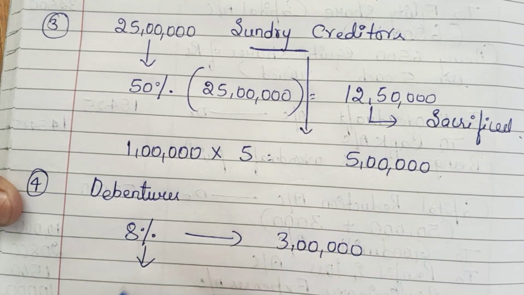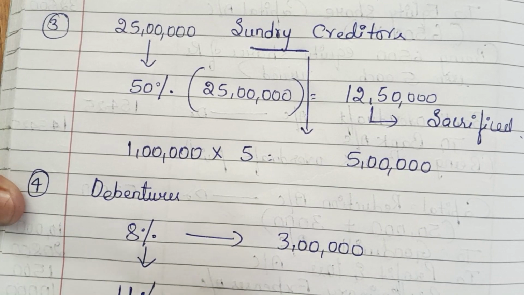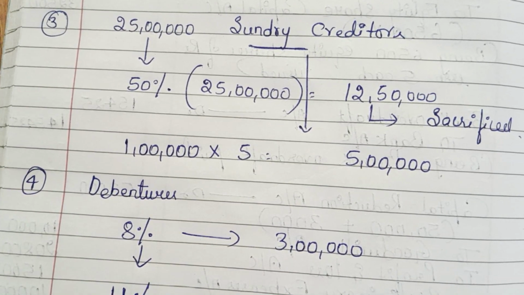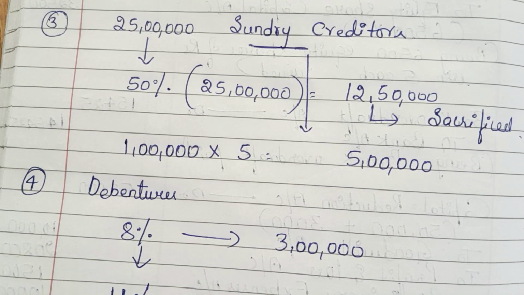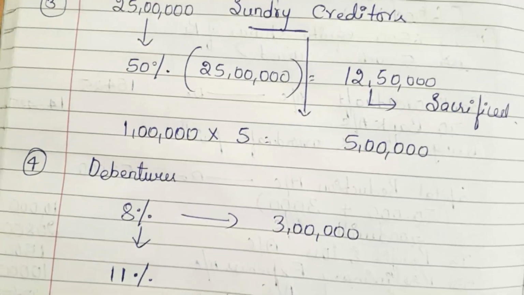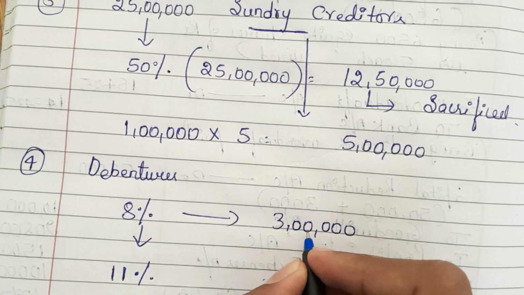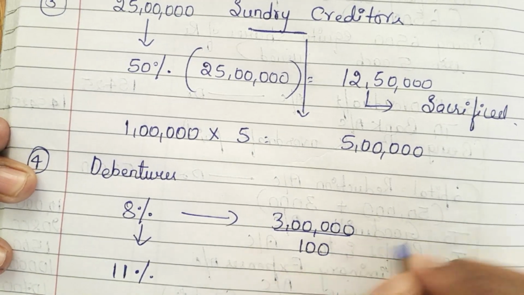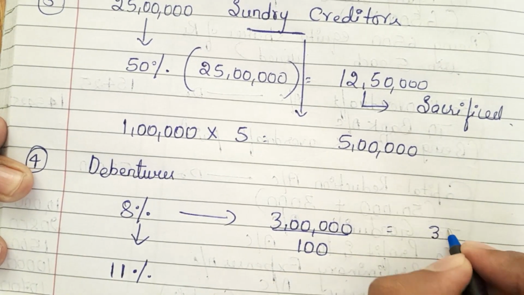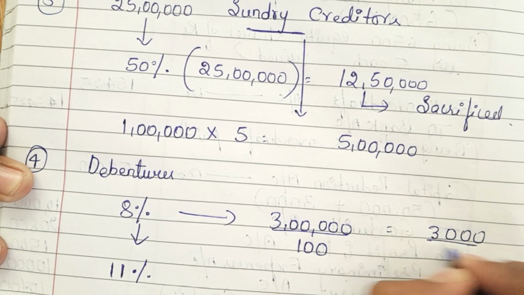This 8% debentures have been converted into 11% debentures. The 3 lakh debentures, debenture holders, was of rupees 100 each, which means they had issued only 3000 debentures.